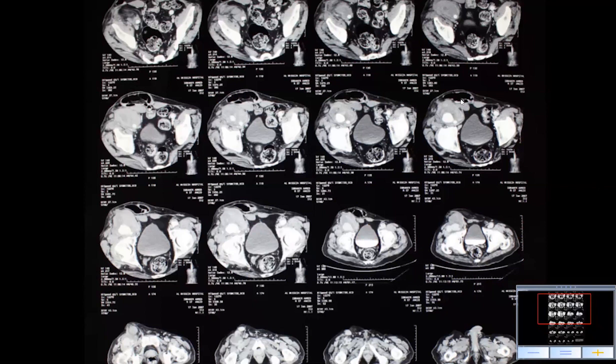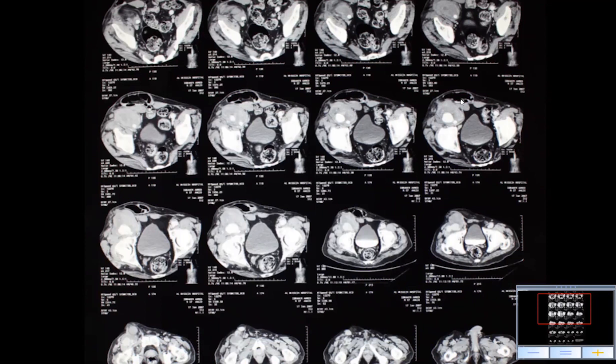How did this man present? As a lump in the right inguinal, groin region. It's very clear on the CTs that the contour of the area is not symmetrical. There's a localized bulge in the region of the right groin.